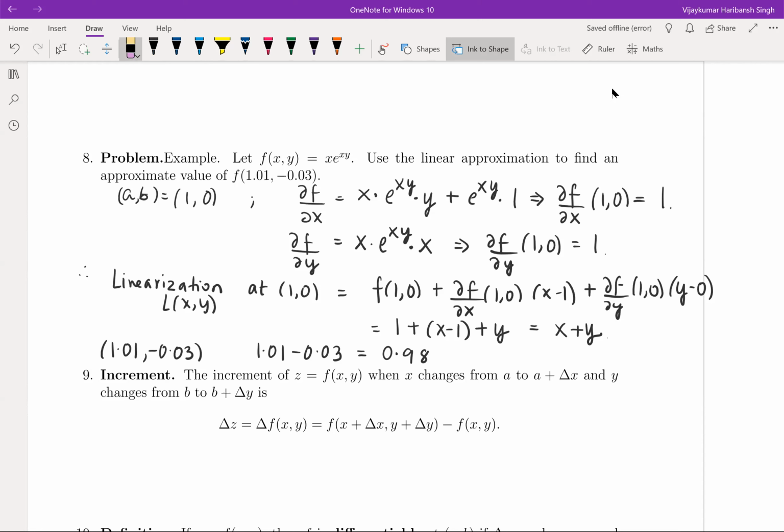I should say that my L of this is roughly equal to f of (1.01, -0.03). This is roughly equal to this value because of our linearization, and we get that value to be 0.98.